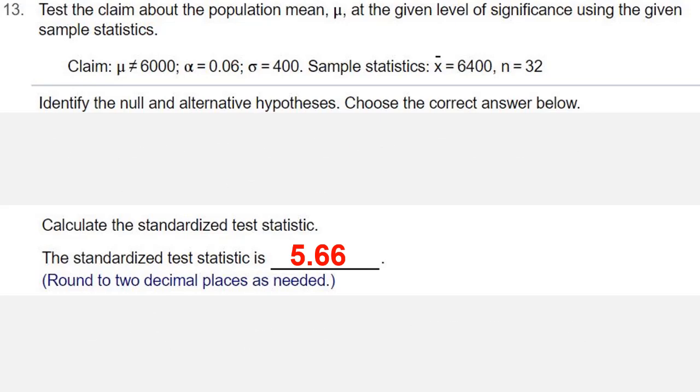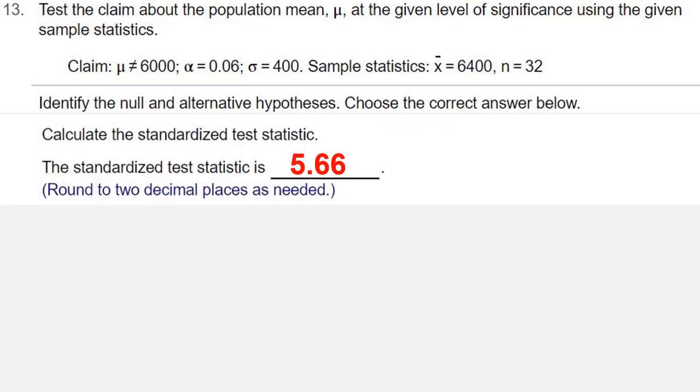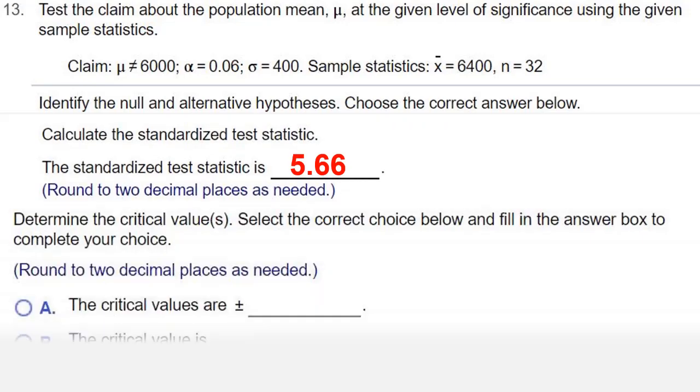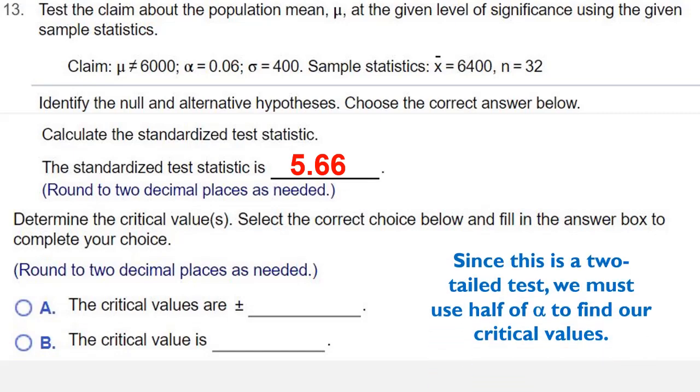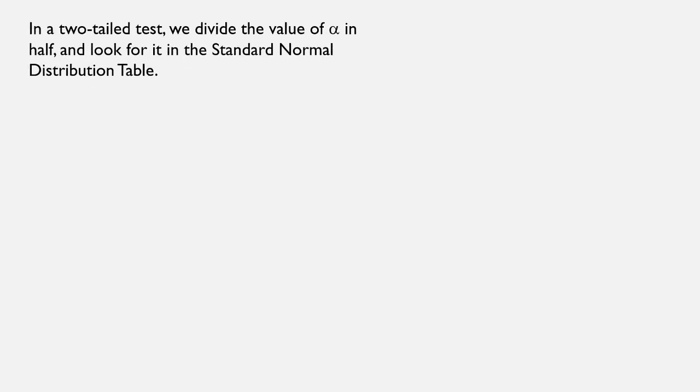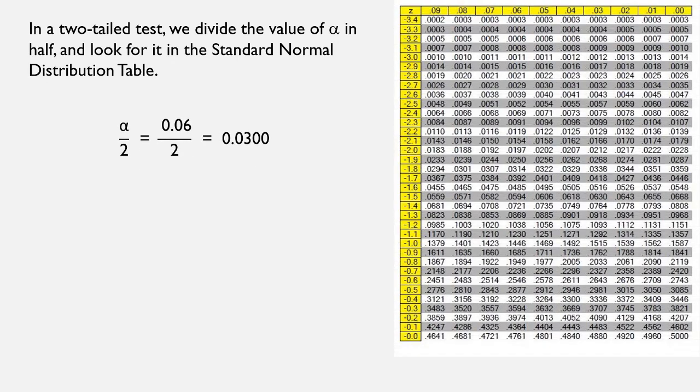We'll make some more room to do some more work. Once we've done this, we want to determine the critical value. Because this is a two-tailed test, we have to use half of the alpha value to find our critical values. So, alpha is 0.06. 0.06 divided by 2 is 0.0300.